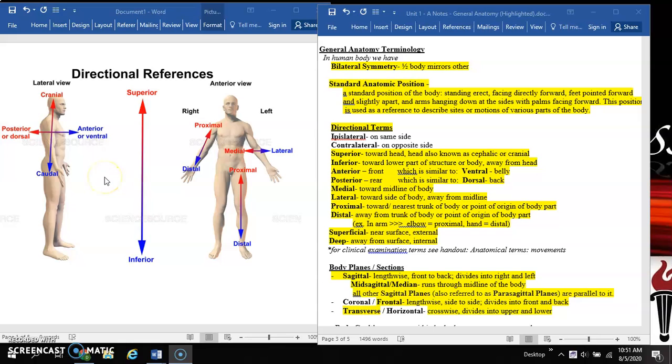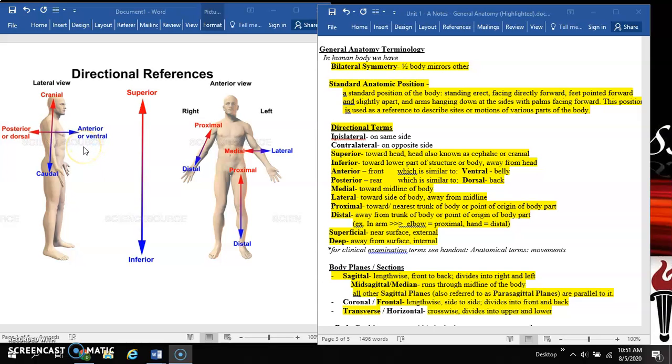In a human, because you're on two legs, those are actually going to refer to the same side or positioning of the body. Anterior and ventral in a human both mean toward the front. Anterior is toward the front by definition. Ventral is actually toward the belly.